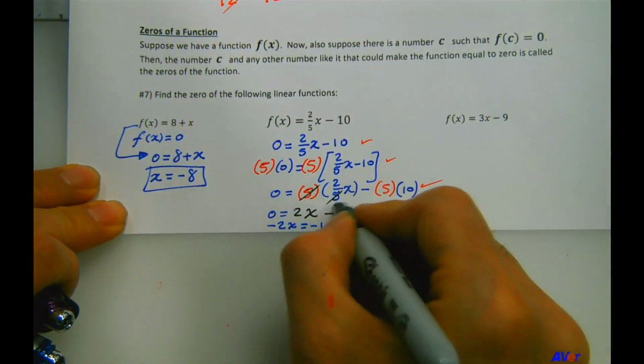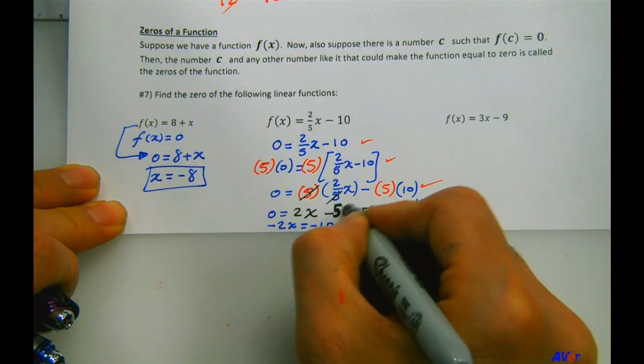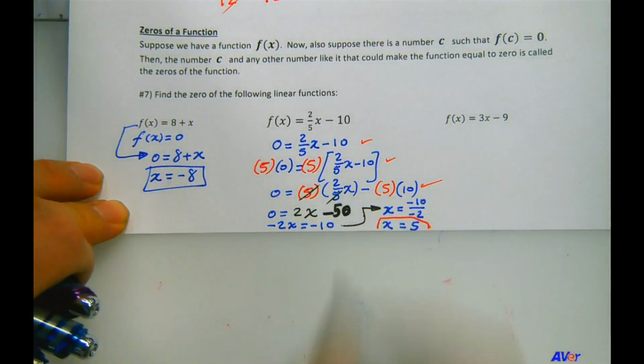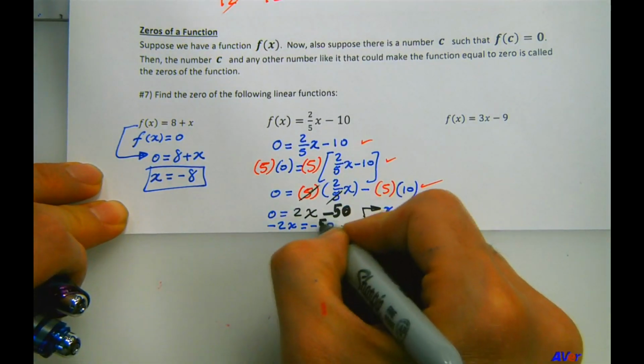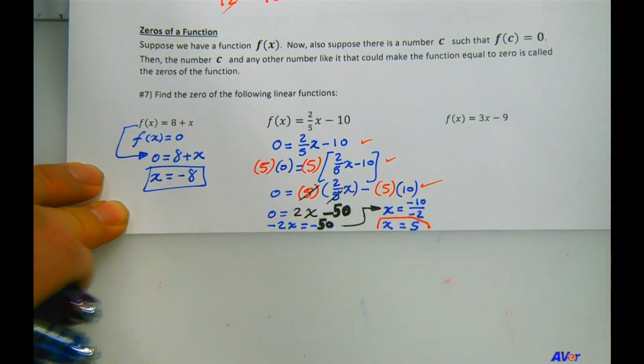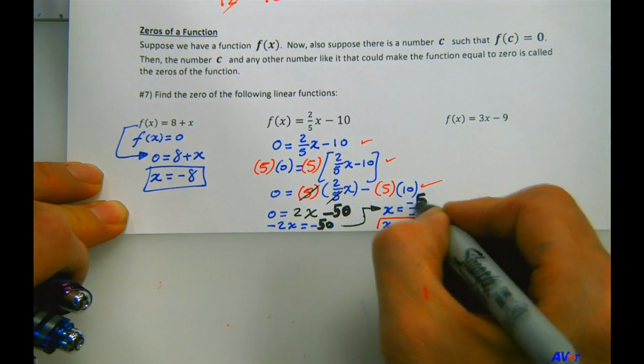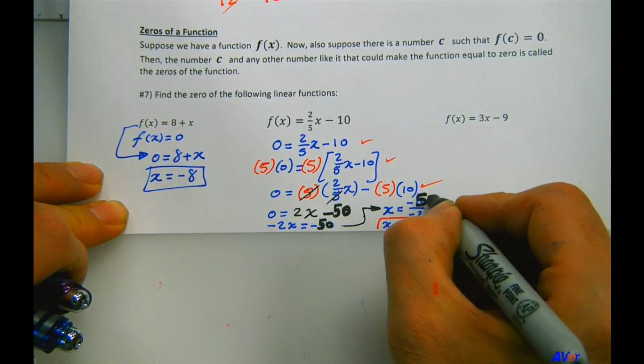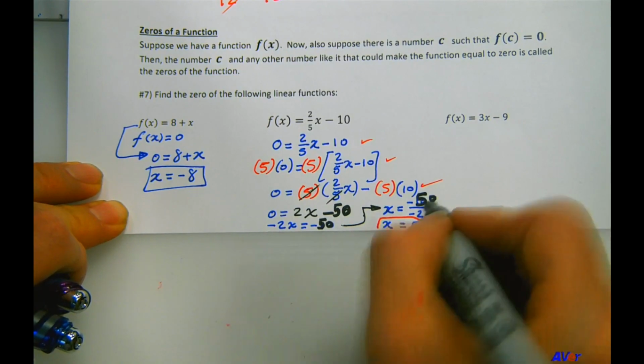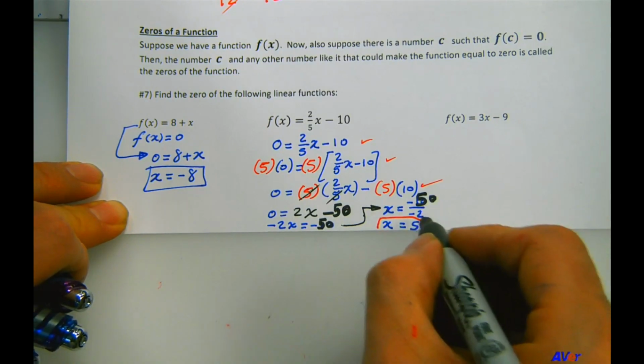Minus 50. So this would be minus 50 equals minus 50 divided by minus 2.